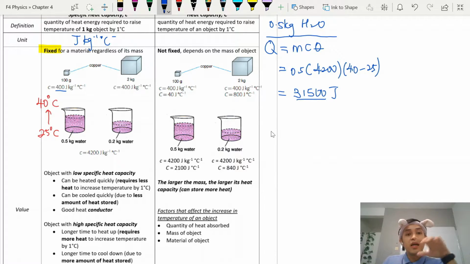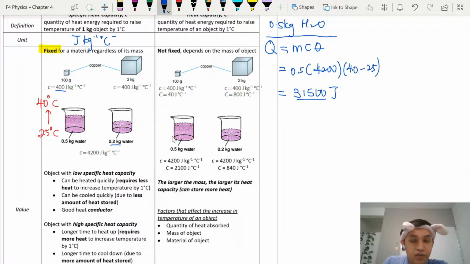The reason we are able to calculate this accurately is because of the specific heat capacity. It allows us to accurately calculate, for a different mass of material at a different temperature change, how much heat energy they need. That is the function of the specific heat capacity.